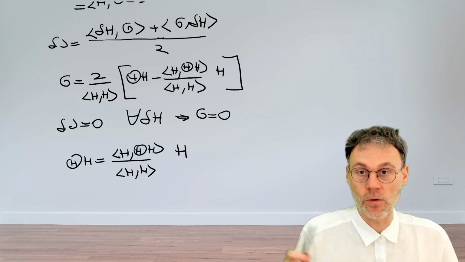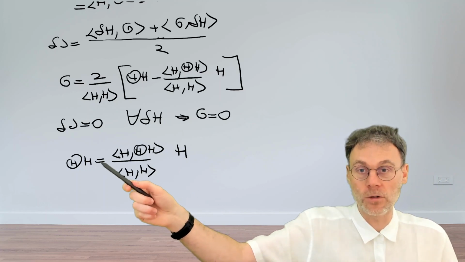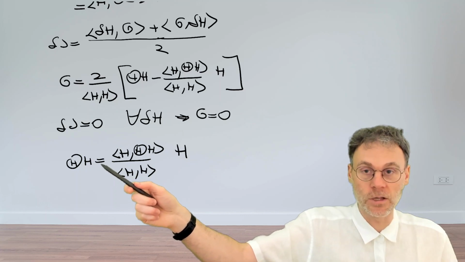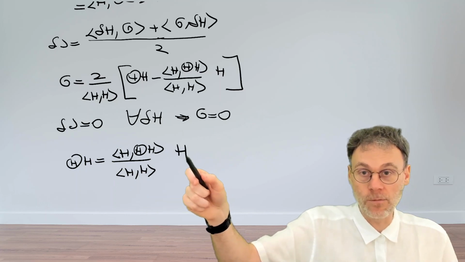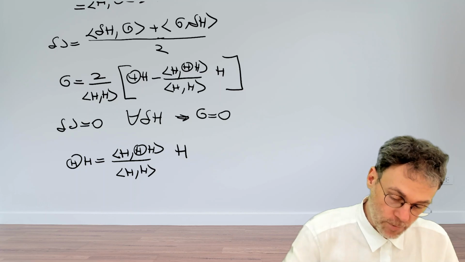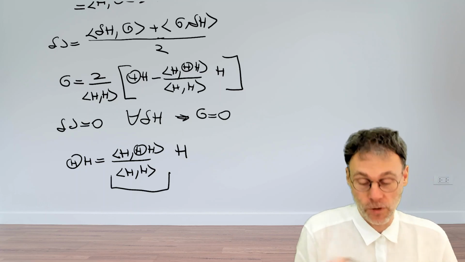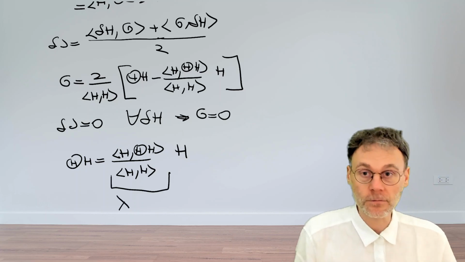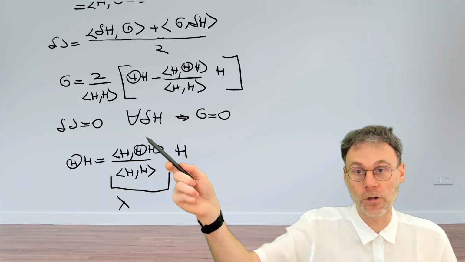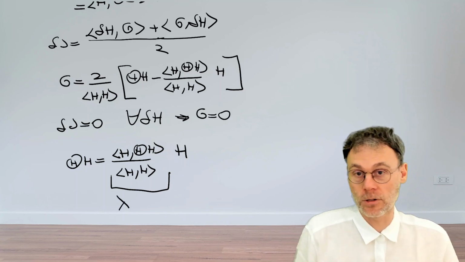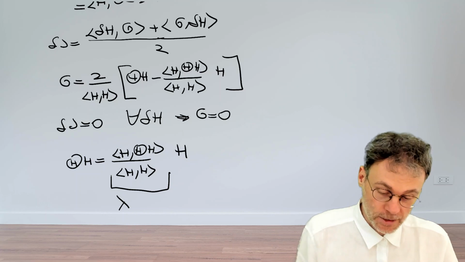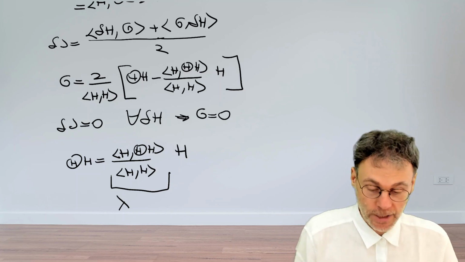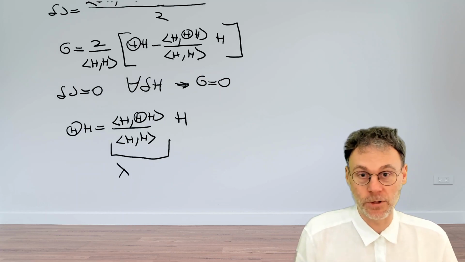Well, we have a certain equation where we have a theta operator operating upon a magnetic field, and we get back that same magnetic field but multiplied by a scalar value here, which will be the eigenvalue. This is indeed a scalar. This is a scalar product divided by a scalar product. So this is a scalar as it gets. And this is indeed the eigenvalue of this particular problem here.